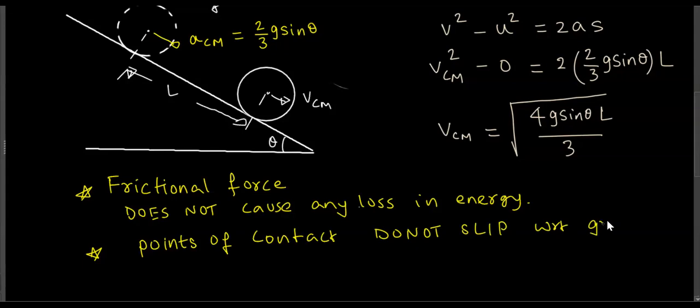But that's where the friction force is acting. So that means there is no displacement in the direction of the friction. Translational wise, there is no displacement in the direction of friction along the incline. You see what I'm saying? So that is why the work done by friction is zero.